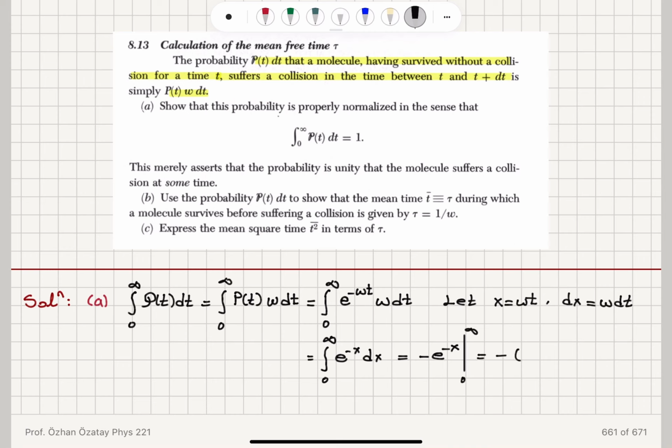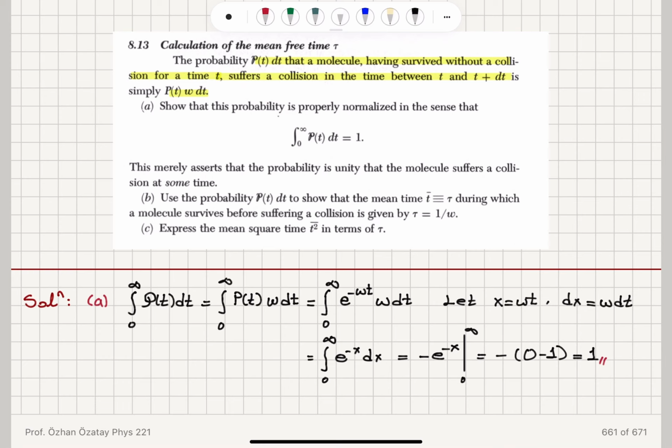This is minus, at infinity it is 0, at 0 it is 1. So this gives us 1 as expected. So we have shown that this probability is normalized, implying that the probability is unity that the molecule suffers a collision at some time t.